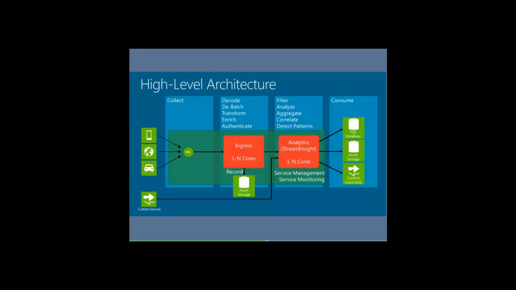One feature to point out here is the ability to not only process the data as it comes in, but also on the side, record it. We call it a spool. Spool the incoming raw data to Azure storage. In our case, it's blob storage because it's the fastest, so that I can later do some offline processing of the data.